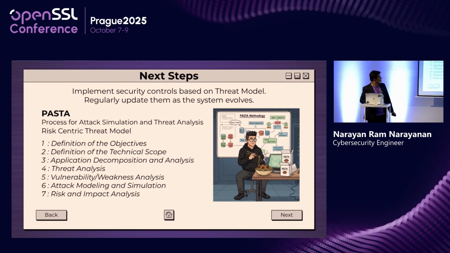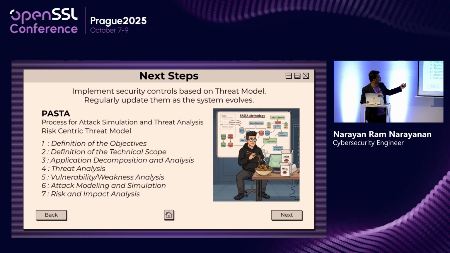The next step is to implement security controls based on the threat model that we did. There is another threat modeling framework called PASTA, which is a risk-oriented threat model and is much more complex. It is a seven-stage process. It's not a mnemonic, but the process contains defining the business objective.